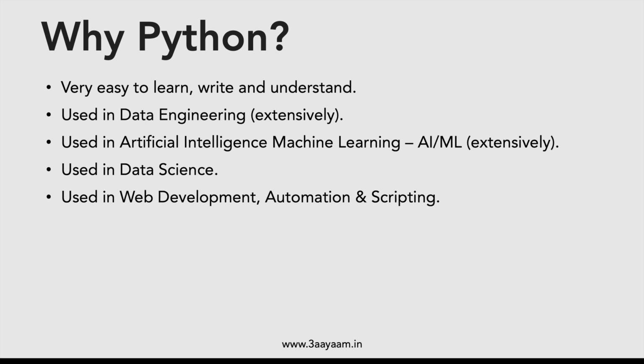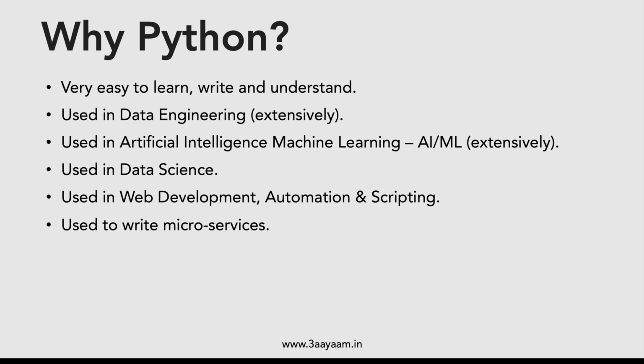For example, AWS provides a library called Boto3, which can be used to call APIs to automate a lot of AWS provisioning. GCP also gives a library to expose the APIs provided by GCP, and we can use Python to provision infrastructure in Google Cloud, and for that matter in Azure also. So automation and scripting is another area where Python is used extensively.